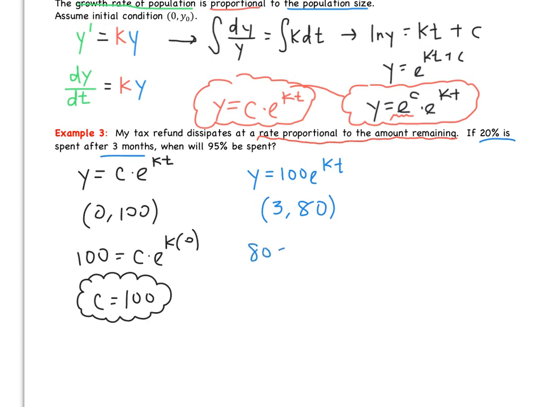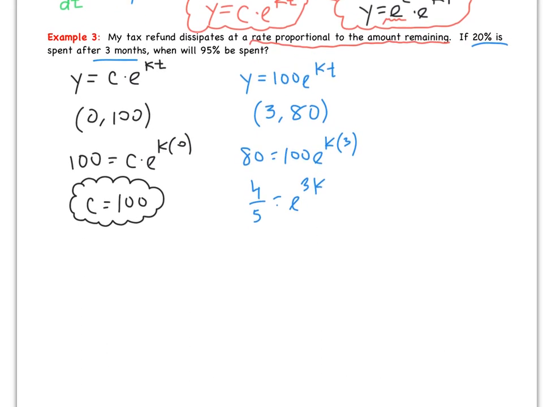So 80 equals 100 e to the k times 3, or simply 4/5 equals e to the 3k. And so now we can solve for k. When we solve, we're going to get 3k is equal to ln of 4/5, taking the ln of both sides. So k is equal to ln of 4/5 all over 3.